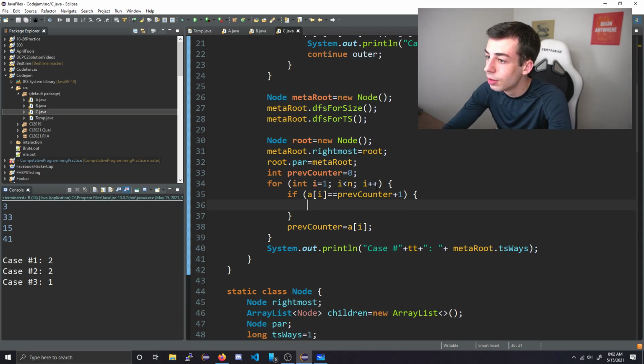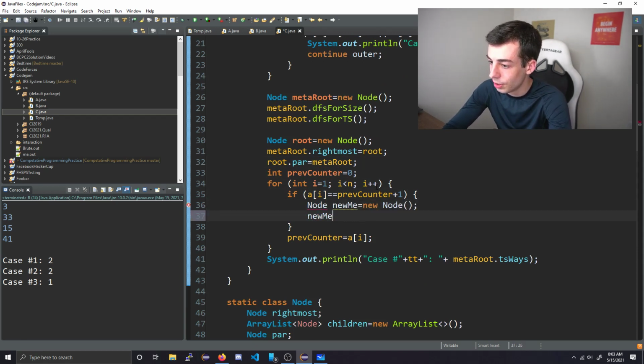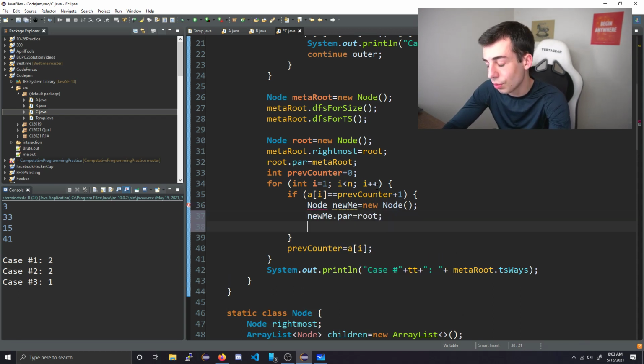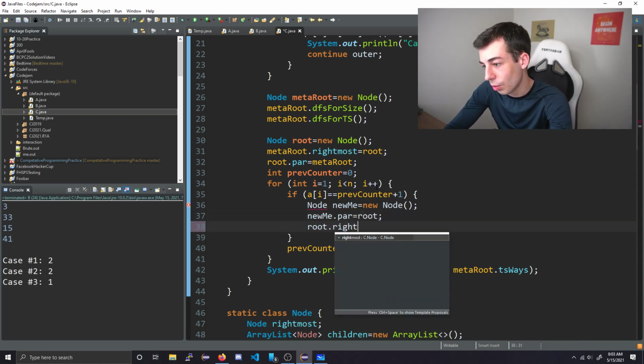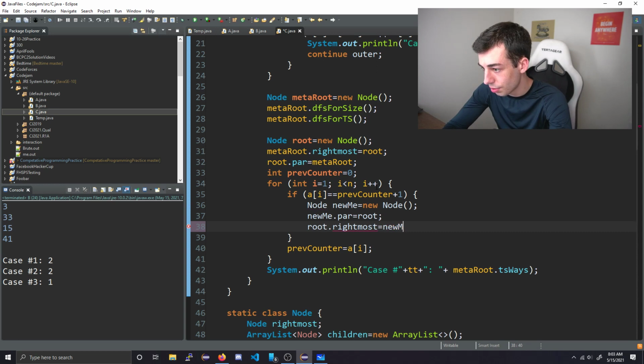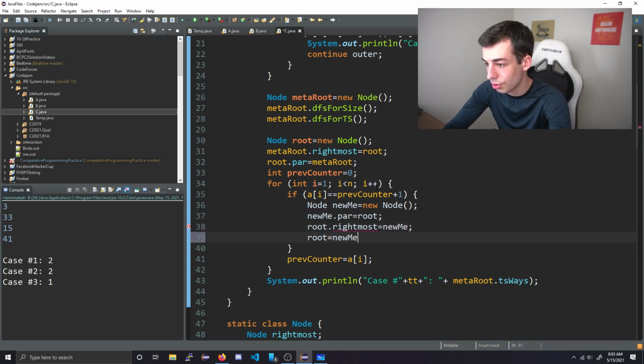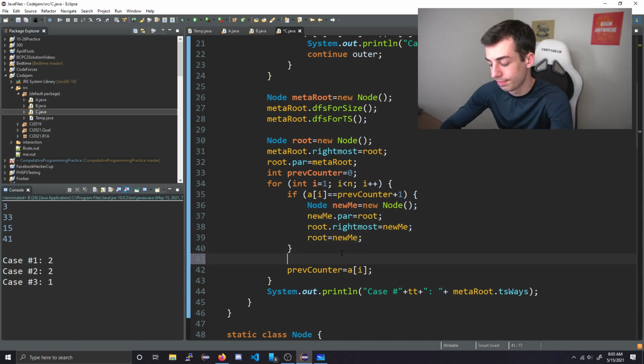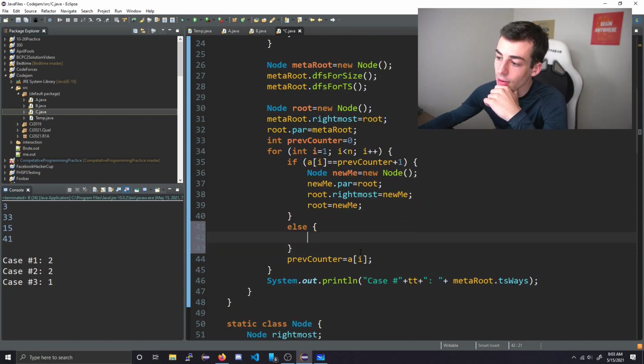Then node new me dot pair equals root. Root dot rightmost equals new me. Root equals new me. Okay.